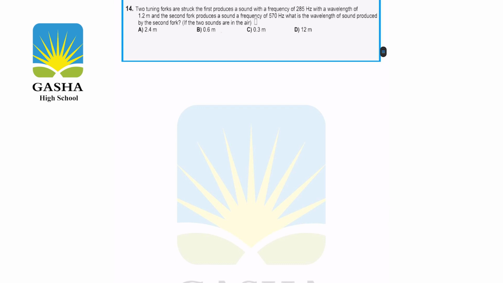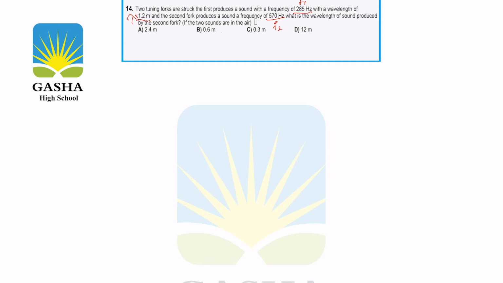In question number 14, 2 tuning forks are struck. The first one produces sound with a frequency of 285 hertz and a wavelength of 1.2 meter, and the second fork produces sound of frequency 570 hertz.